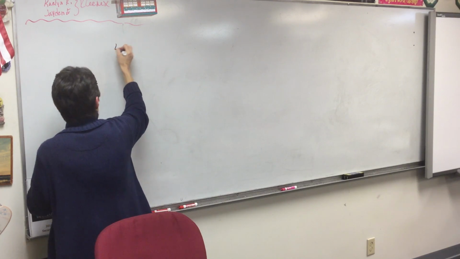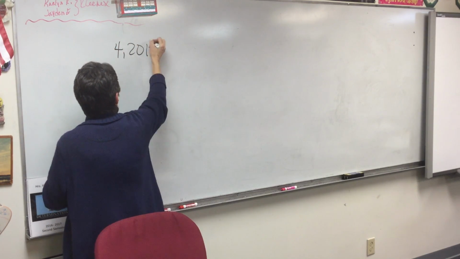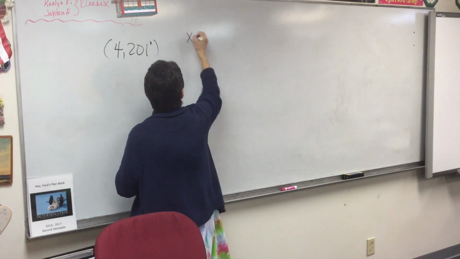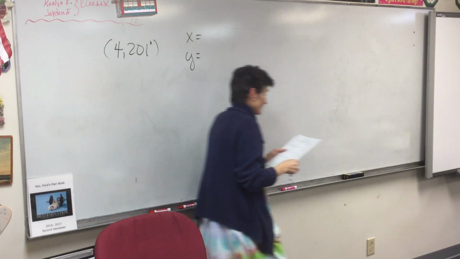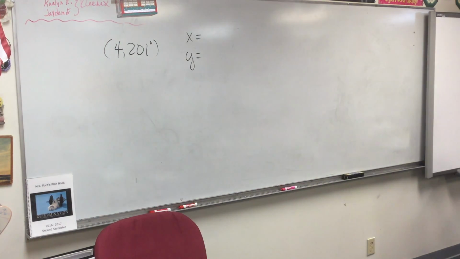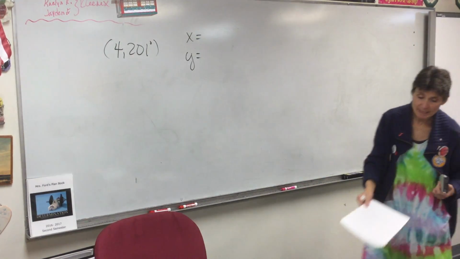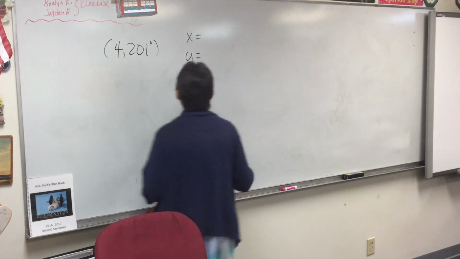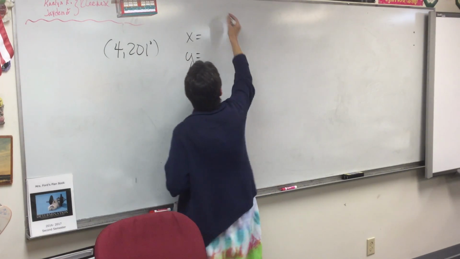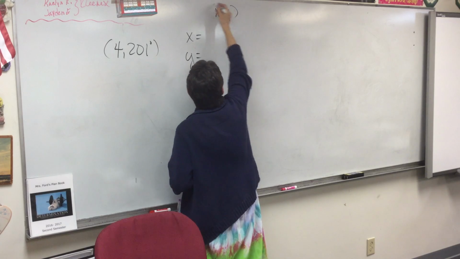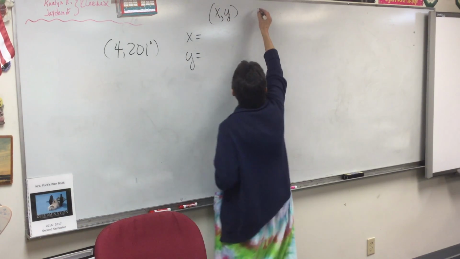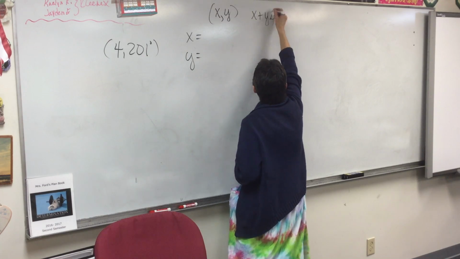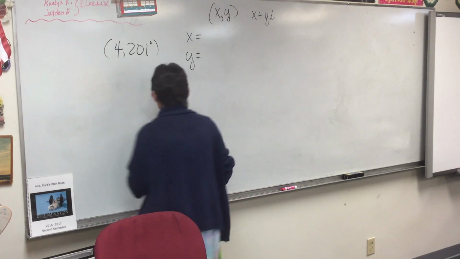That means we want to find an X and a Y. So somehow we have to come up from this given with an X and a Y. When we come up with an X and a Y, there are 2 ways that we can write our answer. We can write it as an ordered pair, X comma Y, or we can write it as X plus YI. Okay?